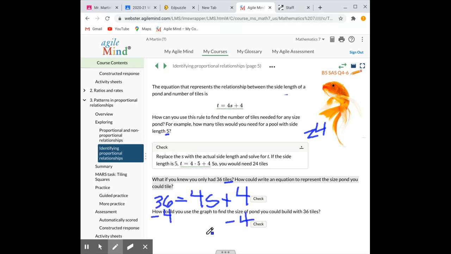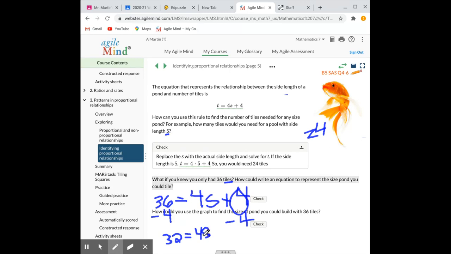What's 36 minus 4? 32. Correct. So 4 minus 4 is 0, and 36 minus 4 is 32. If y'all aren't writing this down, I would write it down really quick, because it's going to get interesting if you've never used this before. All right, the next thing is 32 equals 4 times s.